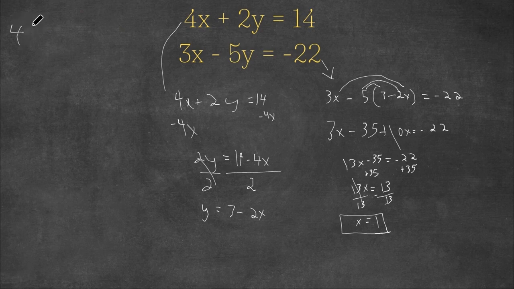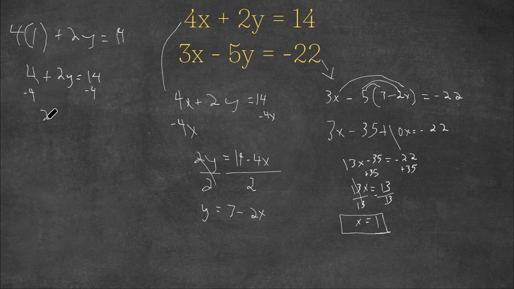So we have 4 times x is 1, so 4 times 1 plus 2y is equal to 14. Now 4 times 1 is obviously 4, so this gives us 4 plus 2y equals 14. Now, to isolate y, we're going to have to subtract by 4 on both sides.